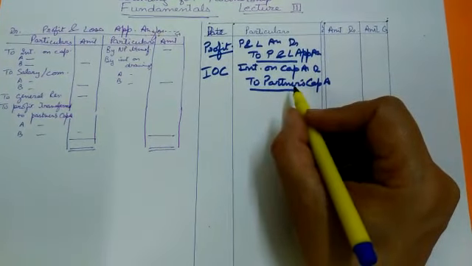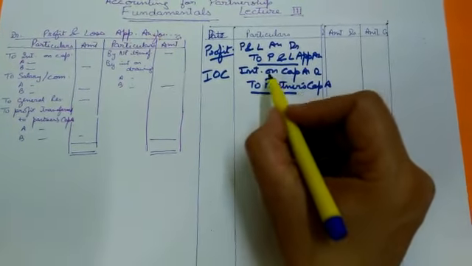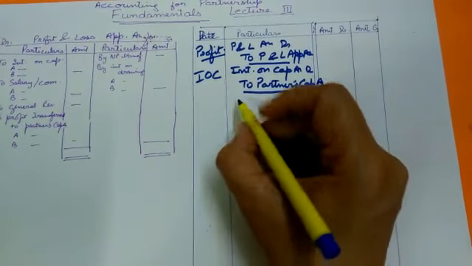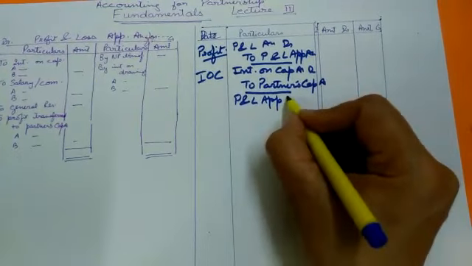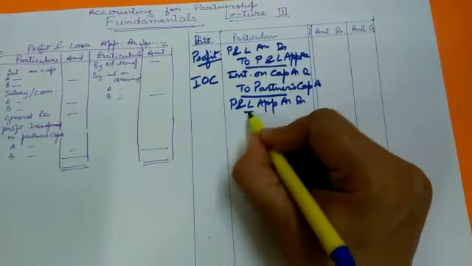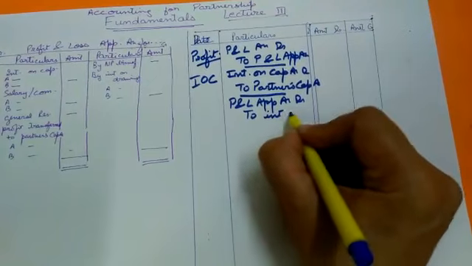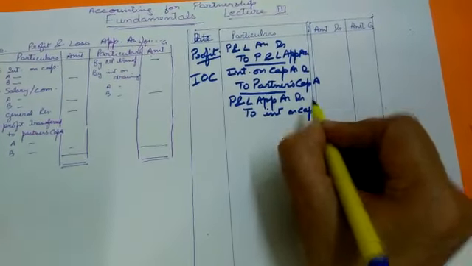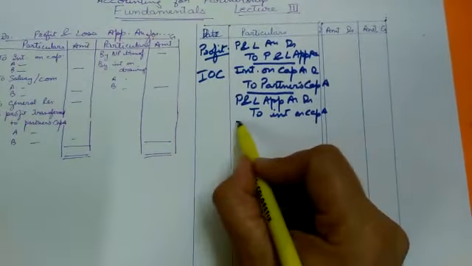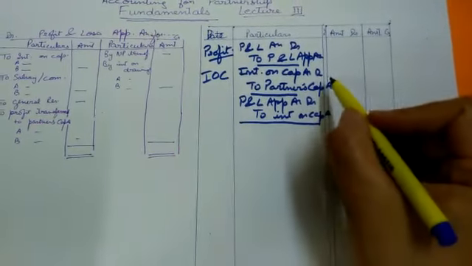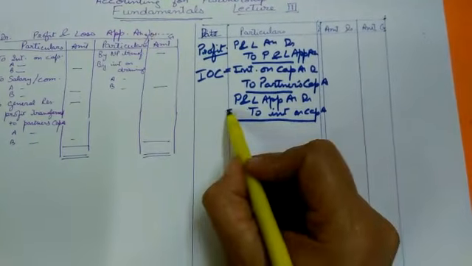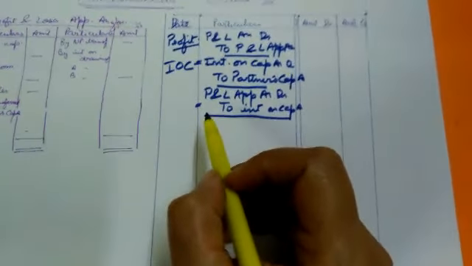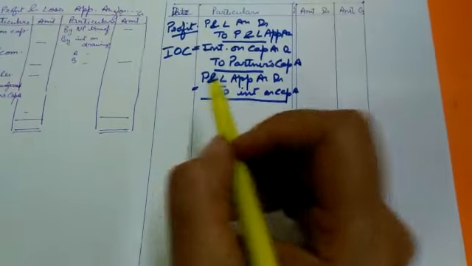This entry is to provide interest on capital to partners, and then for charging interest on capital from P&L appropriation, the journal entry will be P&L appropriation account debited to interest on capital account. If you look carefully in these two entries, here you are debiting interest on capital and here you are crediting it. So that neutralizes the effect.